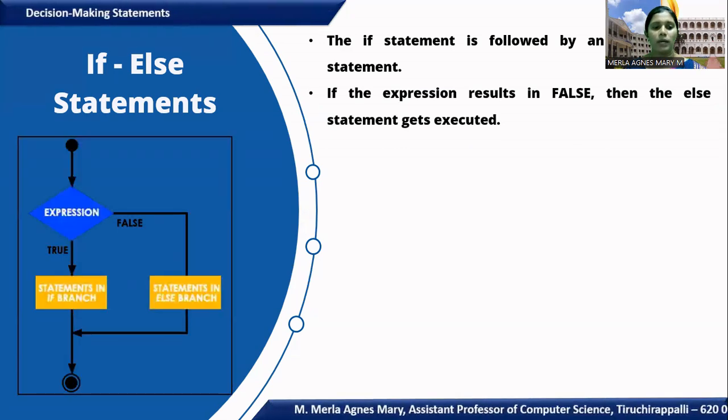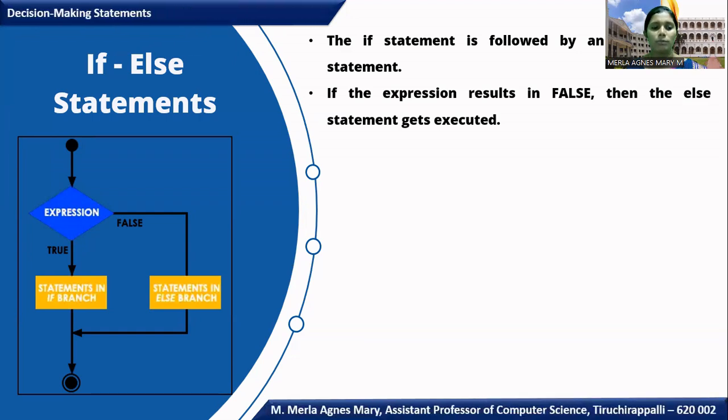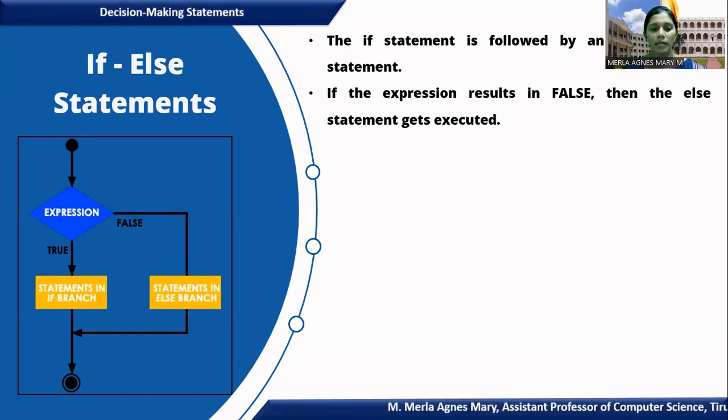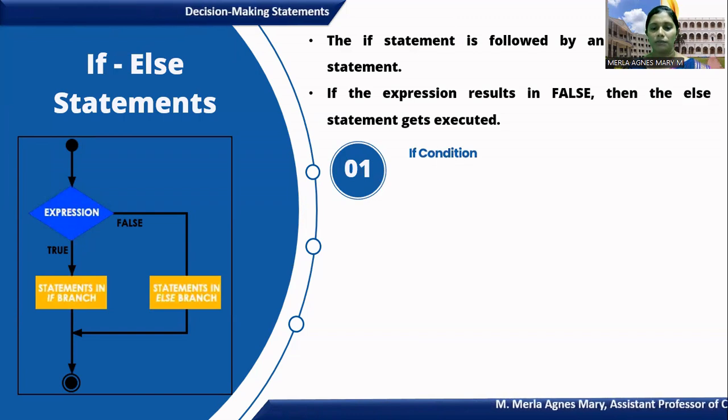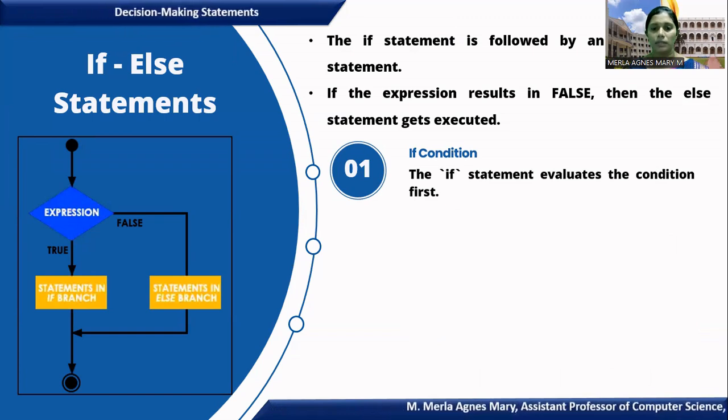Let's see the flow diagram. First it moves on to the given condition. If the condition is true, it moves on to the if branch of the statement. If the condition is false, it moves on to the else part, and the statement in the else part will be printed. So first the if condition is evaluated, and if the condition is true, it prints the code inside the if condition.